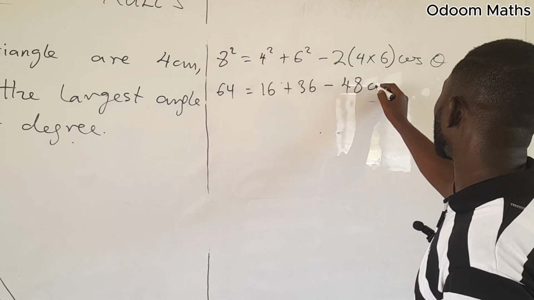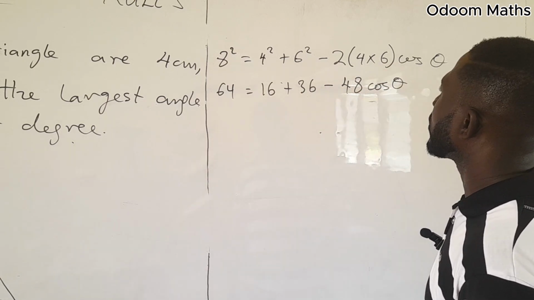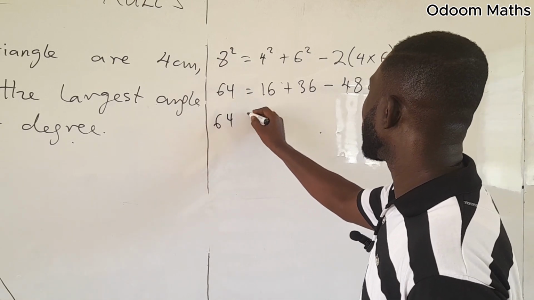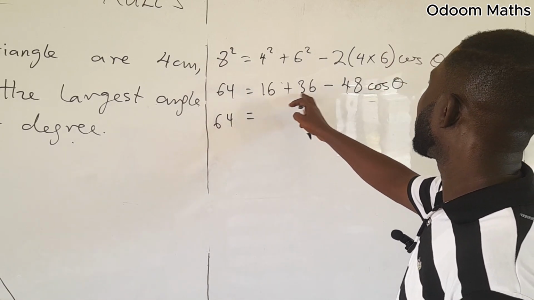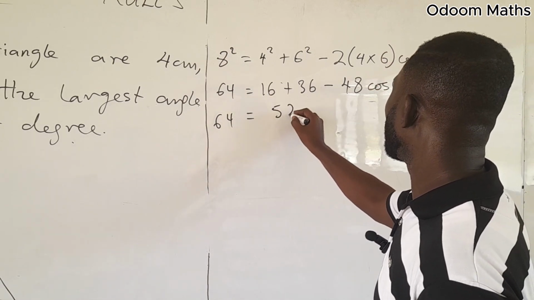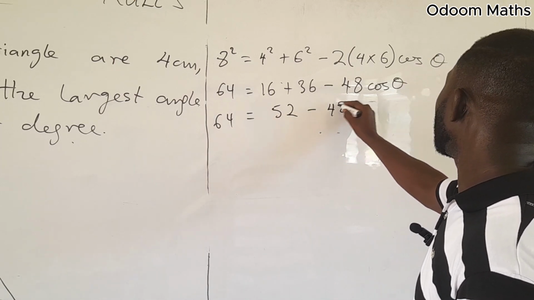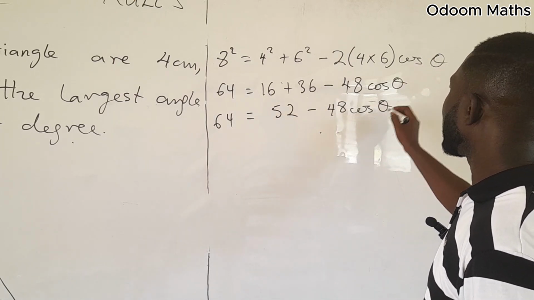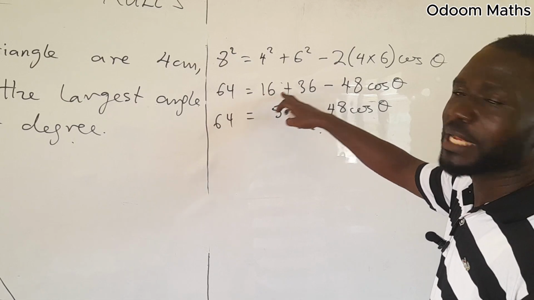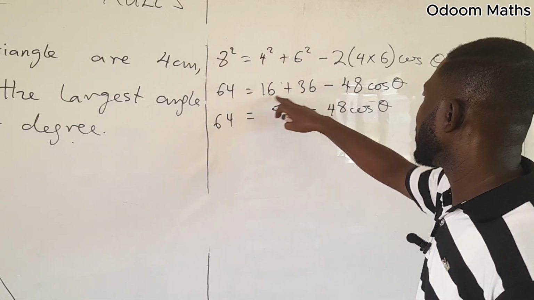So minus 48 cos theta. Okay, so 64 equals, this is going to give me 52, so 52 minus 48 cos theta. This is 16 plus 36 is 52.